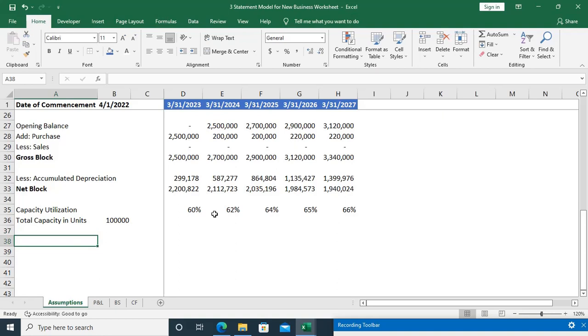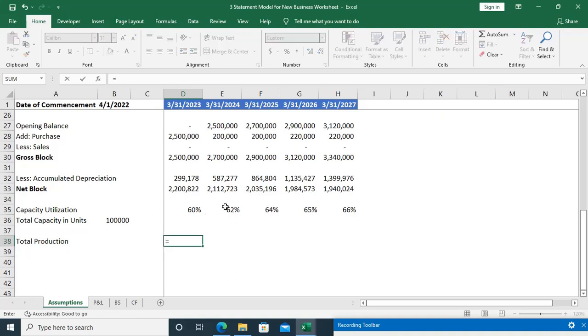Now, what would have been our total production? How much would we have actually produced? So total production, we can simply do one thing. The capacity utilization is given here, so we can simply consider this 1 lakh multiplied by this rate, and we can do the calculation.